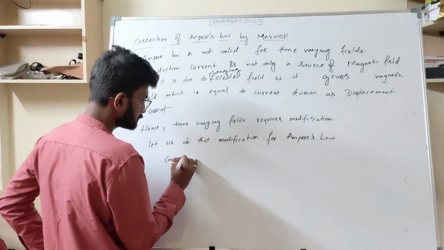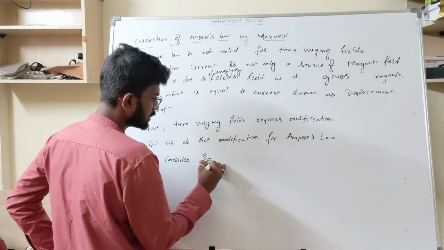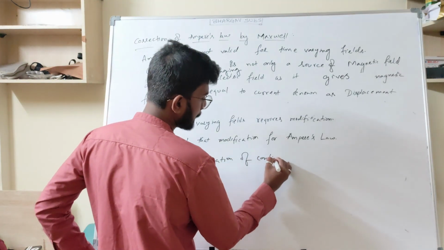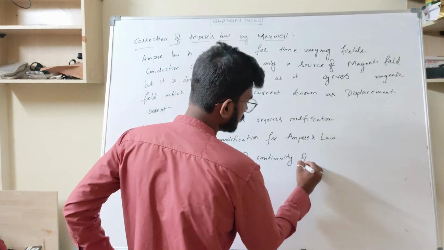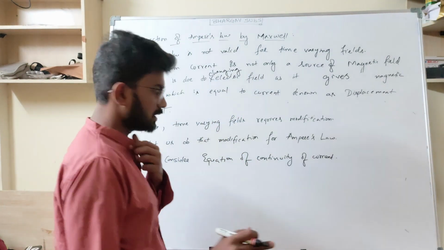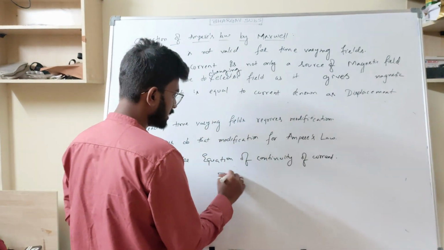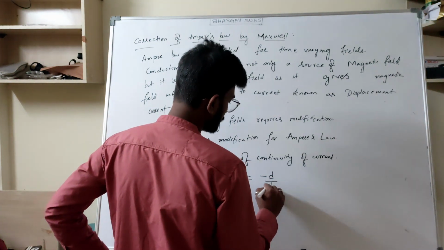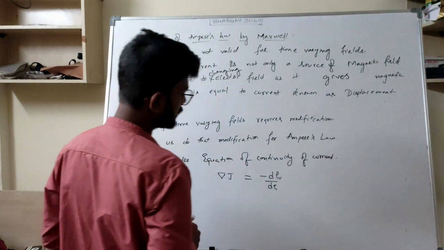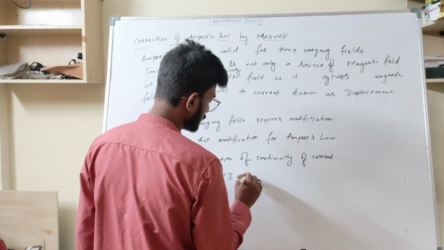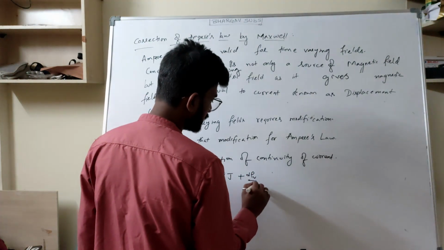Consider the equation of continuity of current. It is a basic general equation. So divergence of J is equal to minus d by dt of charge density, right? So actually it is del dot J plus d rho v by dt is equal to 0.